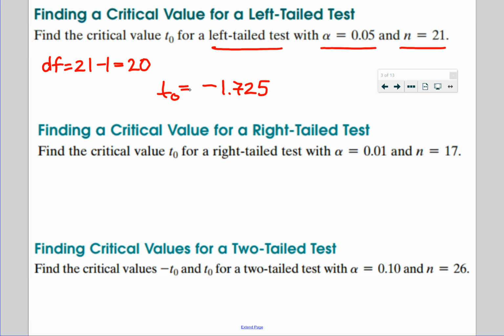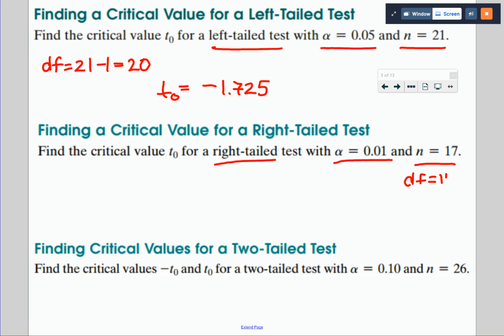Next one, we have a right tail test. Level of significance, 0.01. N is 17. If N is 17, what's my degrees of freedom? 16. Okay, so again, it is a one-tail test. So you're going to find one tail on the top. Go across to your level of significance, 0.01. So that's going to be the fourth column. And then you're going to go down until you find 16.